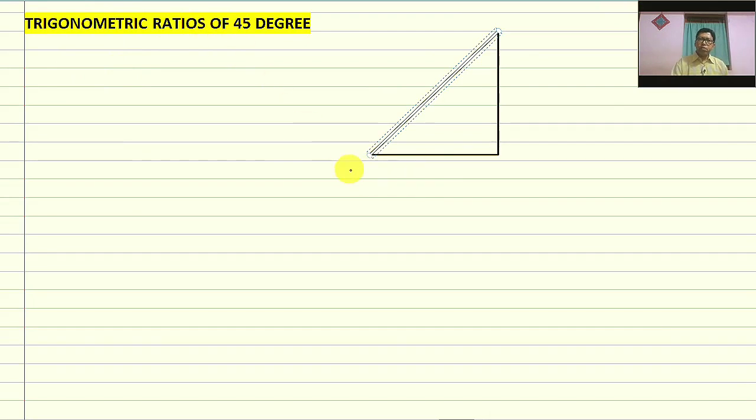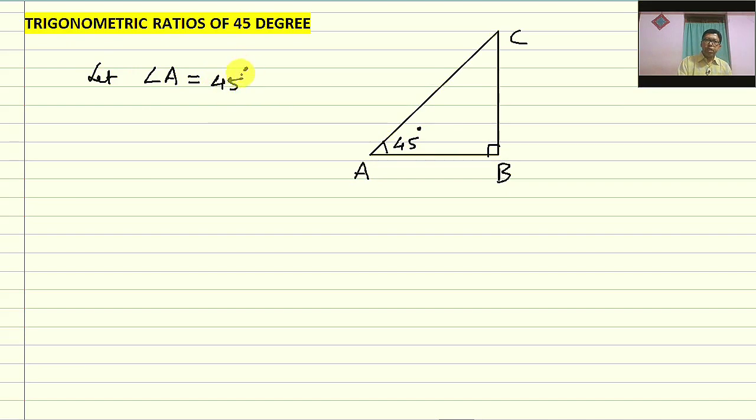Let us consider the triangle ABC, and angle B is equal to 90 degree. Also consider that angle A is equal to 45 degree, because you have to find out the trigonometric ratios for 45 degree.